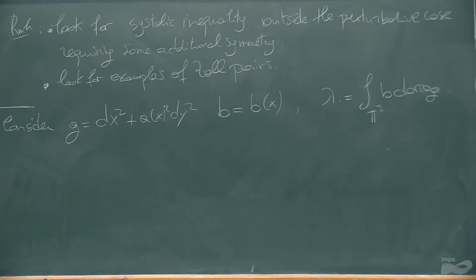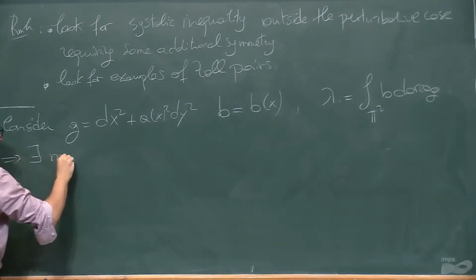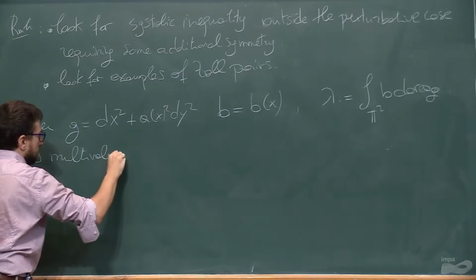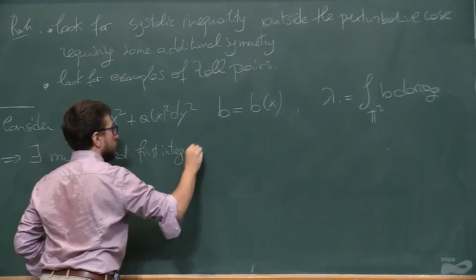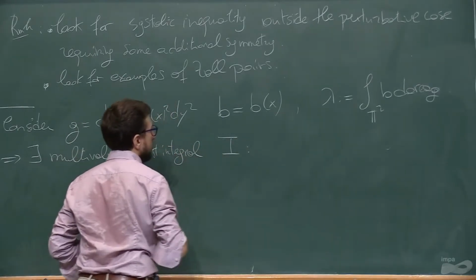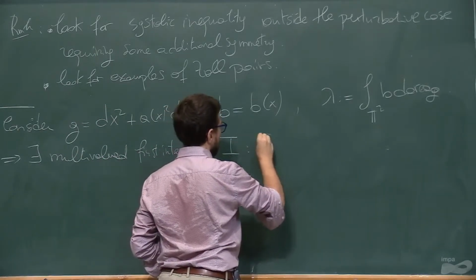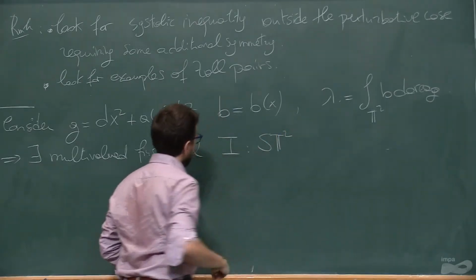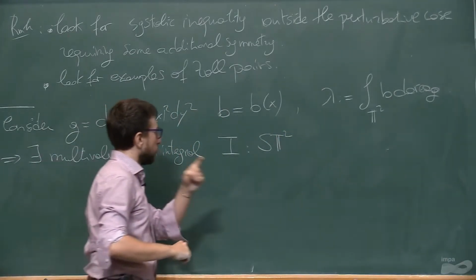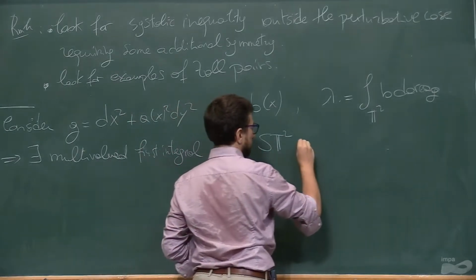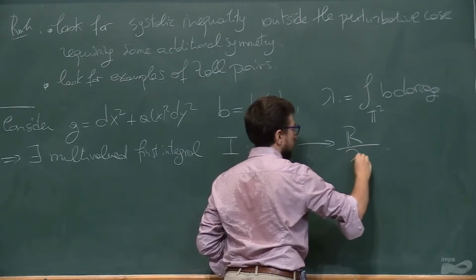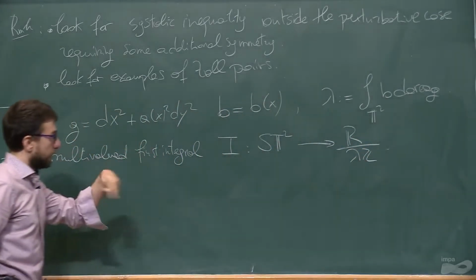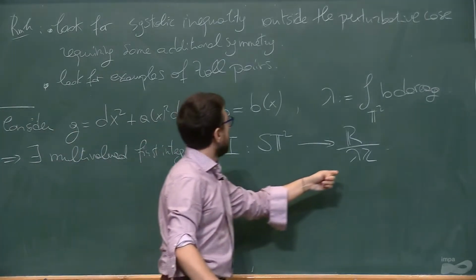And now in this case, there is a multi-valued first integral, which I will denote by I. This is a function which has as domain the unit tangent bundle, and is multivalued in the sense that it takes values in the circle, basically in the numbers with period lambda.